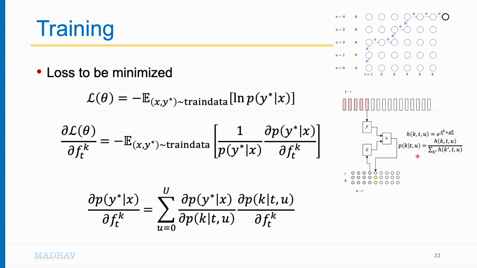So when I'm trying to differentiate this P(y*|X) with respect to f_kt, I know that the internal variable P(k|T,U), this k need not be the same as this k. It can be different also, because even then the derivative will be non-zero.